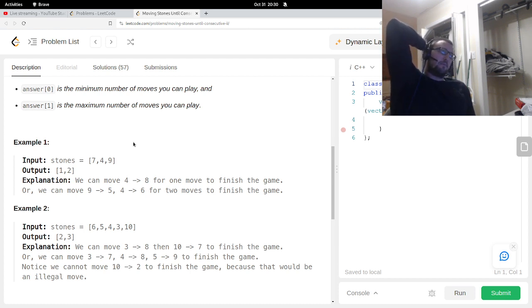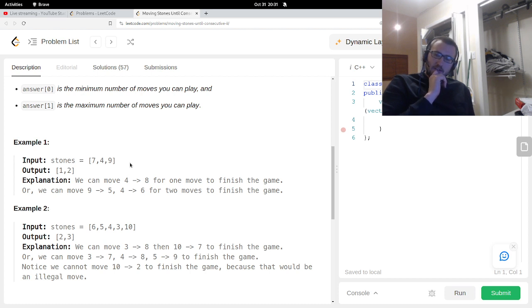So to have the minimum number of moves, each move should bring... There's a difference in how far away the numbers are from each other, right? So 4 to 7 is a difference of 3, 7 to 9 is a difference of 2.